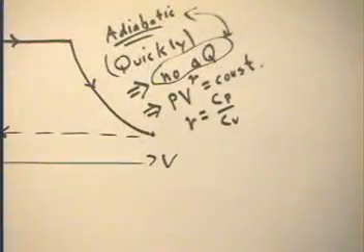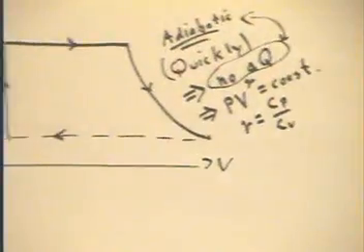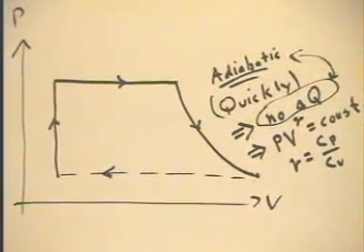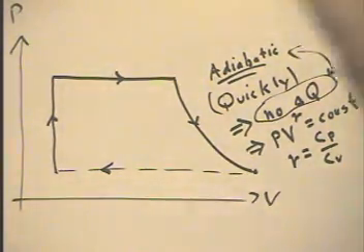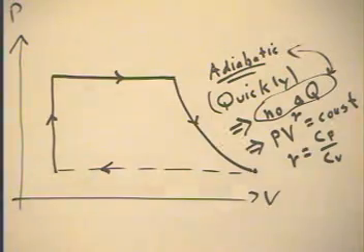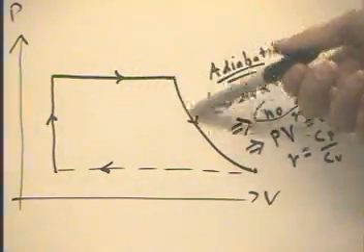What we want to do is look at a couple of specific ways that the system could cool down. Okay. One way to cool the system down is to just open a valve and let all the excess pressure escape. Well, we don't really let pressure escape. What we do when we open a valve is we let some of the gas escape, decreasing the number of moles N, which decreases the pressure. So we're going to have a curve that looks like this.